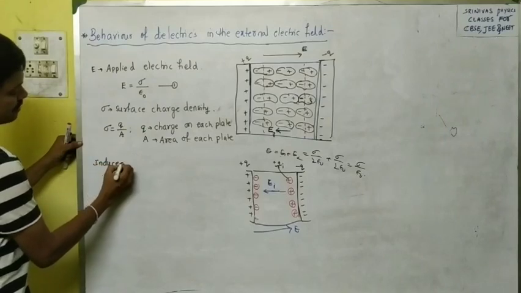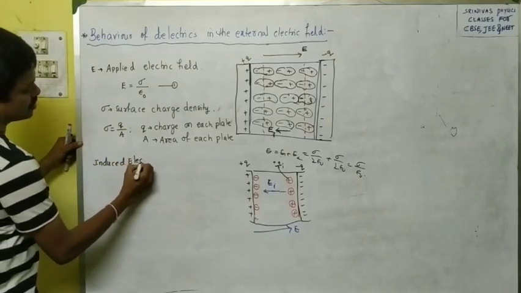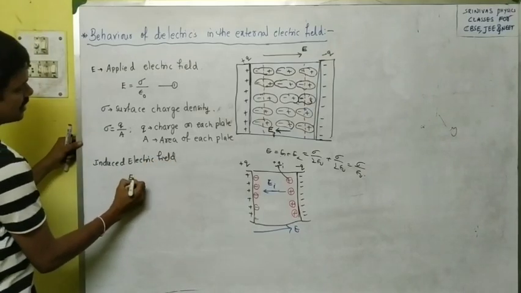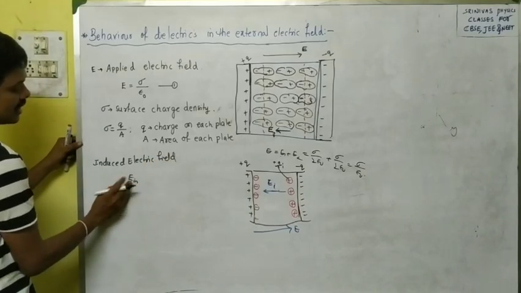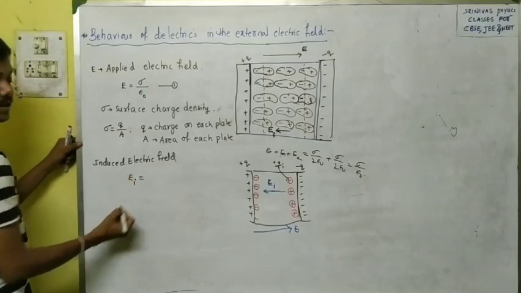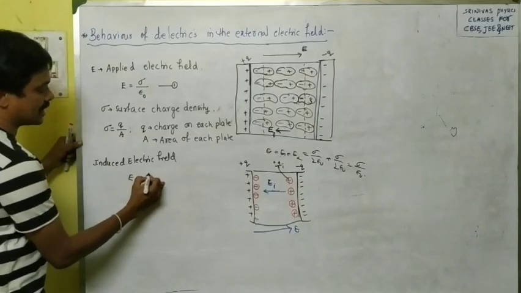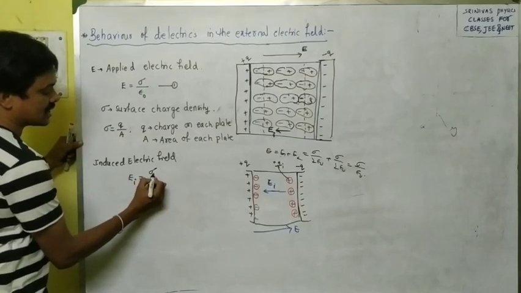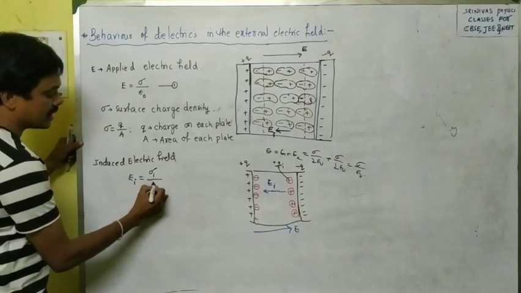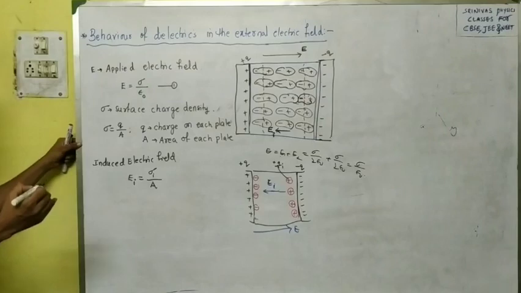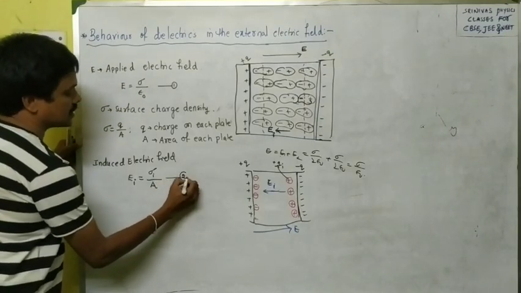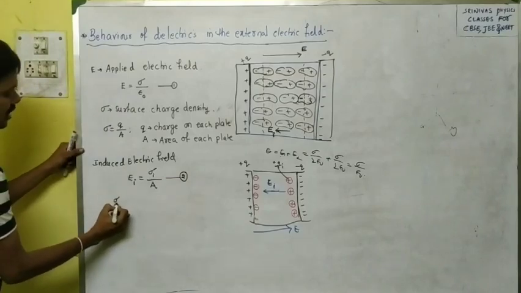Induced electric field, let us write as E suffix I, is equal to induced surface charge density by epsilon naught, sigma I by epsilon naught. This is equation 2, and here what is sigma I?